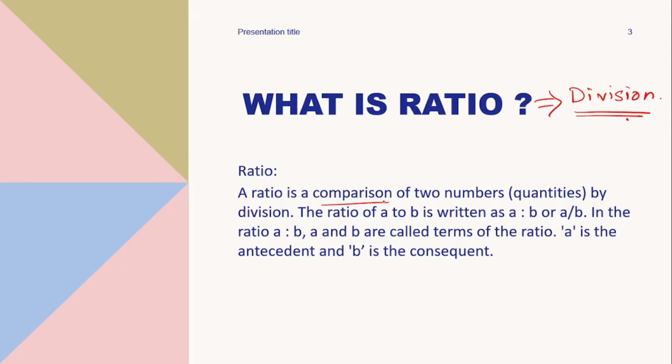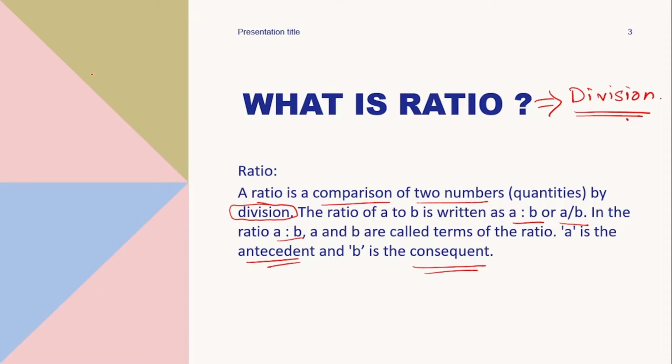A ratio is a comparison of two numbers by division. The ratio of A to B is written as A is to B or A by B. In the ratio A is to B, A and B are called the terms of the ratio, where A is the antecedent and B is the consequent.